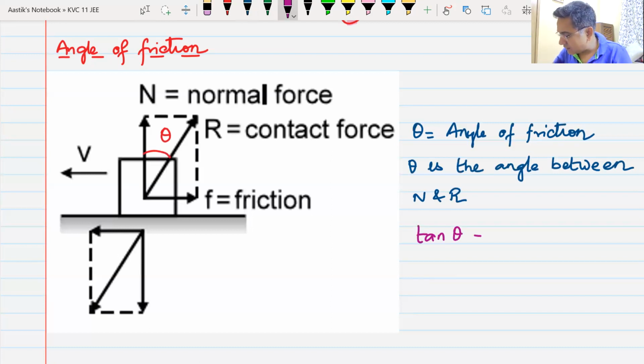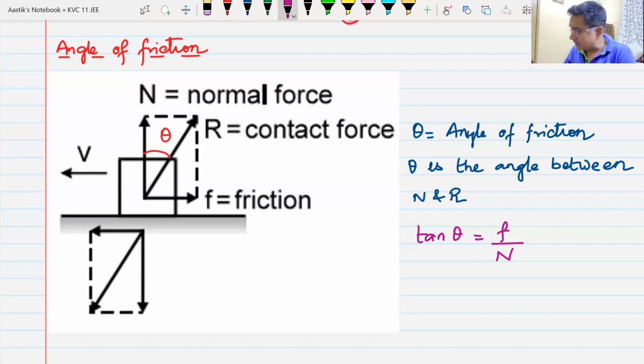Tan theta would be equal to F divided by N, where F stands for the frictional force and N stands for the normal reaction force. Do we understand this? This is from vectors. We have done it so many times.